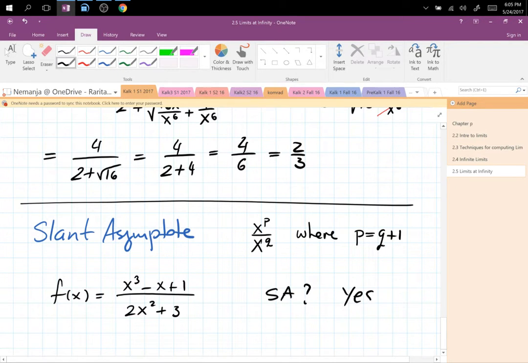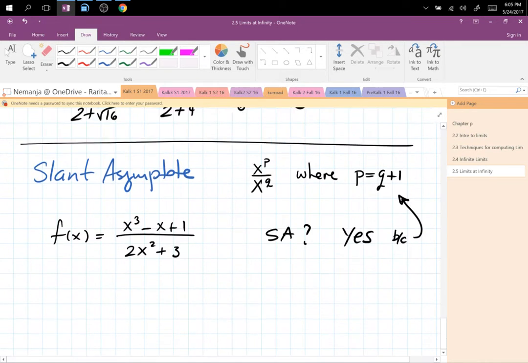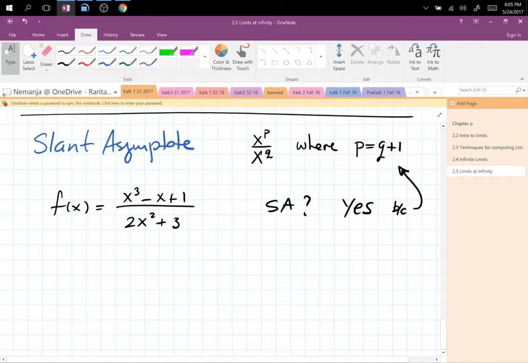The answer is yes, because the exponent in the numerator is larger by 1 than the exponent in the denominator. And now we also know that there is no horizontal asymptote there, because the higher exponent is in the numerator. And where is it?